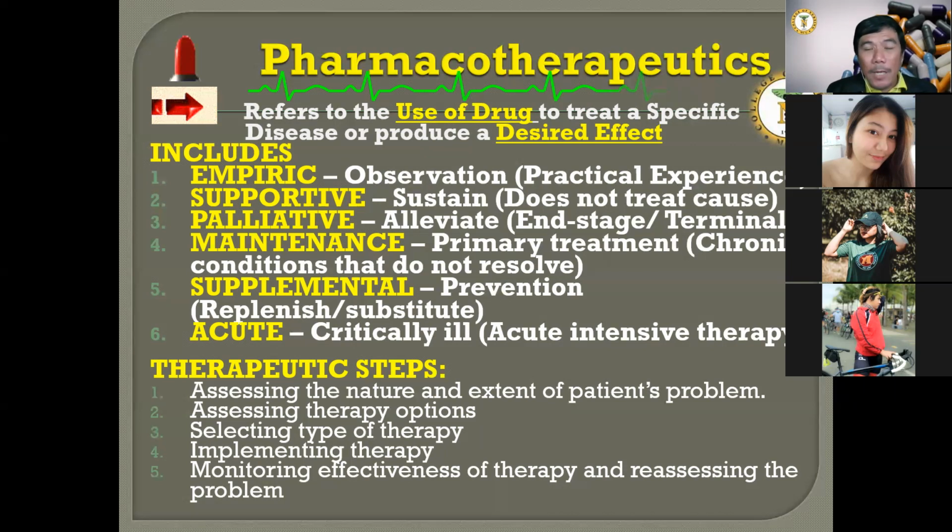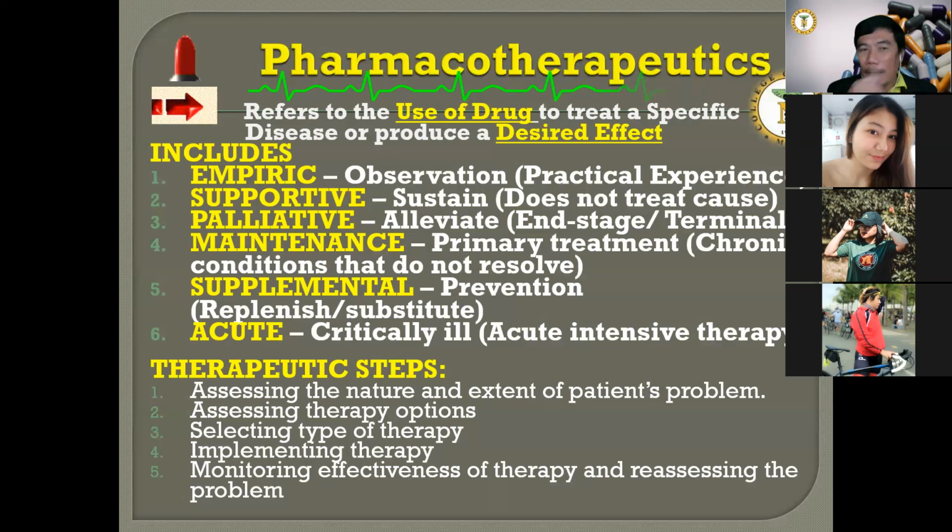Selecting type of therapy, kasi dito ito mga empiric therapy, supportive therapy, palliative therapy, maintenance therapy, supplemental therapy, acute therapy. So the selection of type of therapy may depend on the condition of the client. So pag sinabi natin chronic conditions na hindi nare-resolve, so maintenance yan. Pag sinabi nating maintenance, these drugs will be taken na throughout your life.